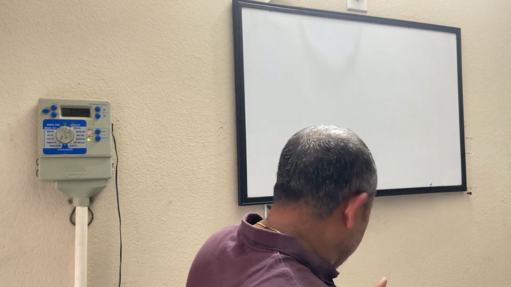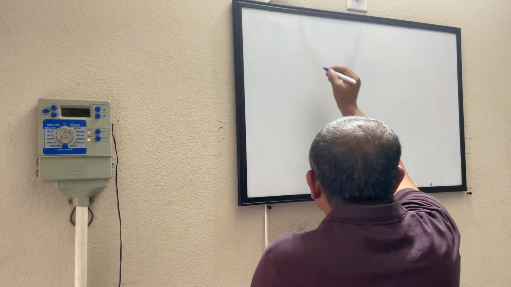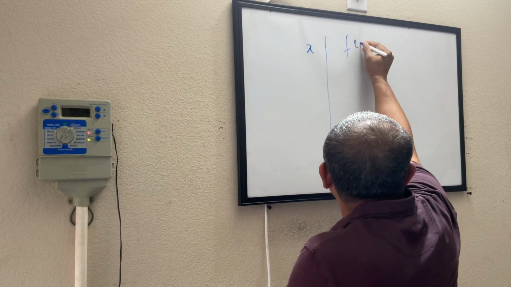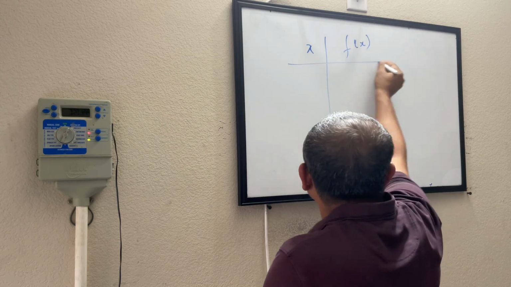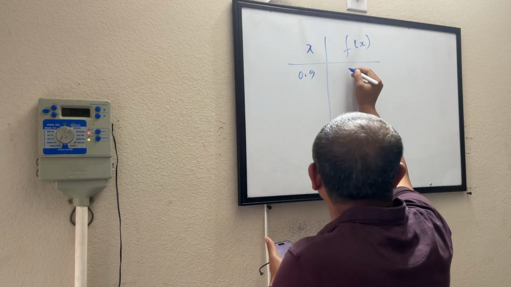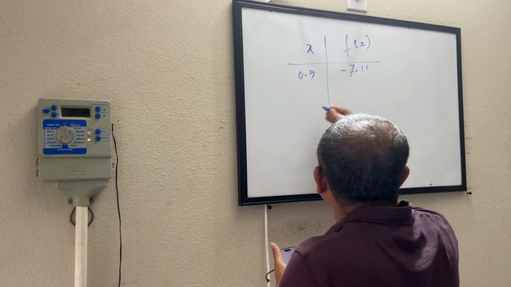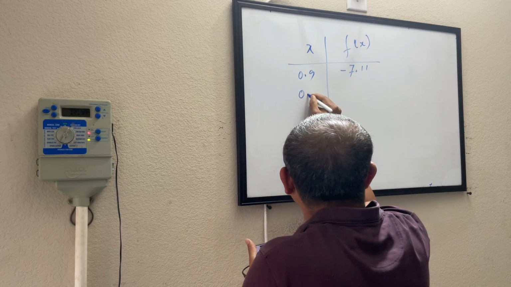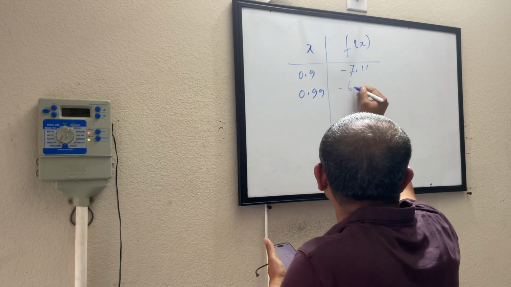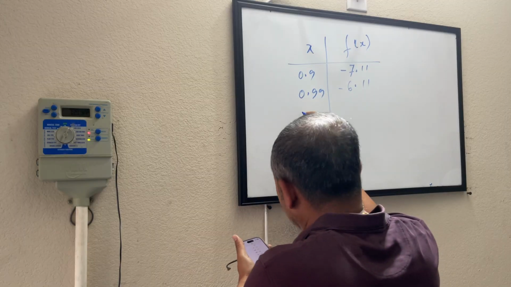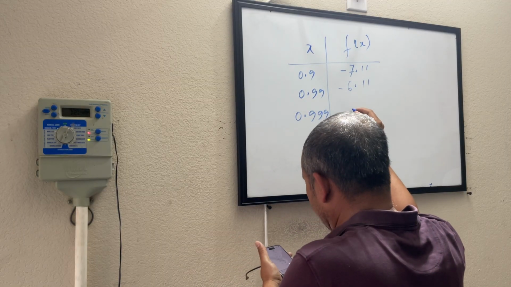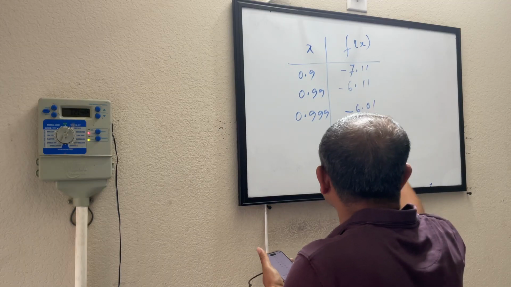Okay. Now look at this. There is a question that says you have been given the value of x and f(x). When x is 0.9, f(x) is minus 7.11. When x is 0.99, it is minus 6.11. When x is 0.999, f(x) is minus 6.01.